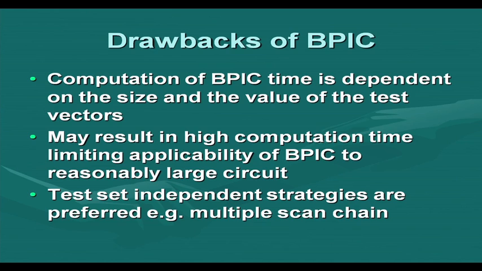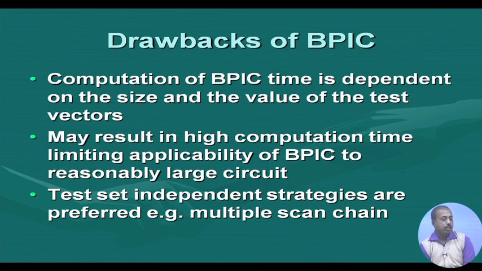Maybe the most difficult part is that for different patterns the best input change time may be different. As a result, it may be difficult to come up with some fixed input change time for all the test patterns. That creates a difficulty and this may result in high computation time, limiting applicability of B peak to reasonably large circuits.